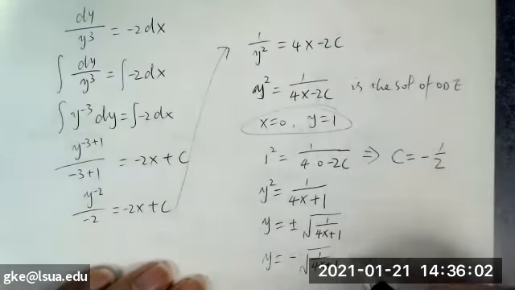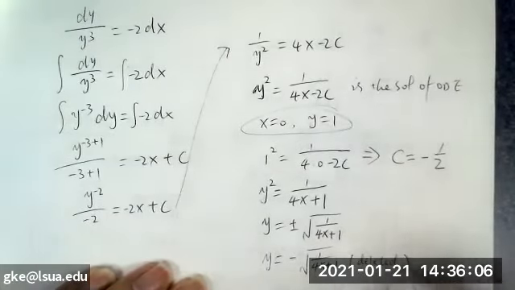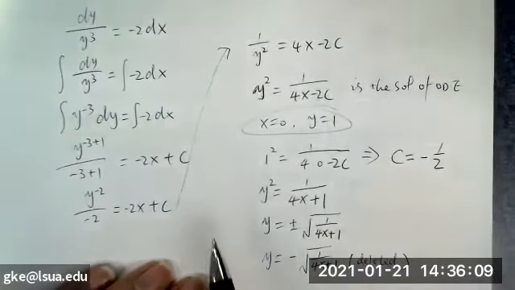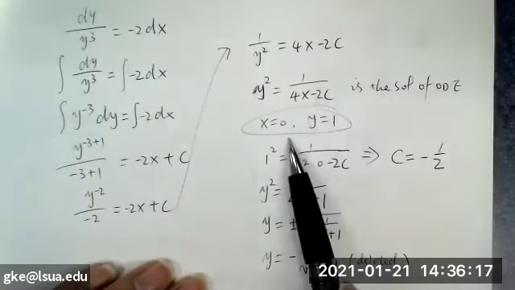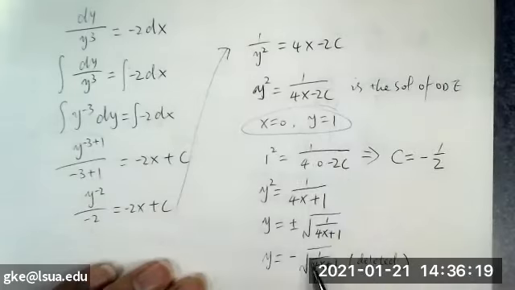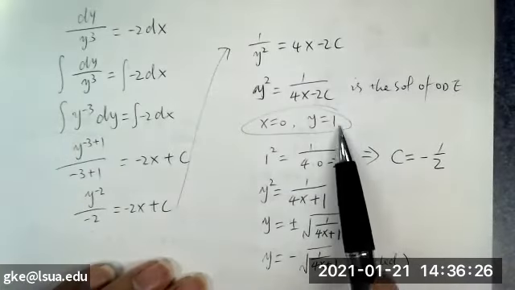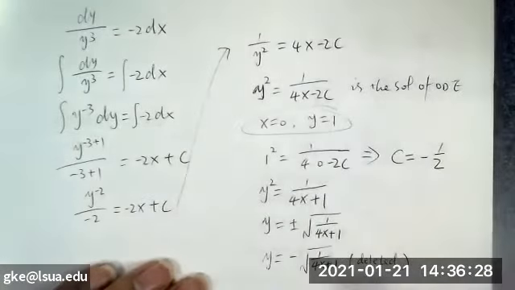So remove or delete it. This solution should be deleted. Do you understand me? You need to check the initial condition. Although we can get two solutions, when you plug in the 0 here, you're gonna get -1, not 1. So that should be deleted.